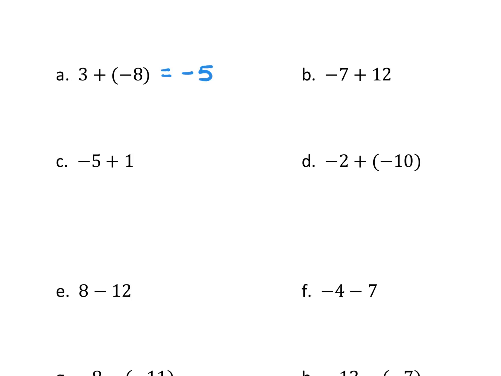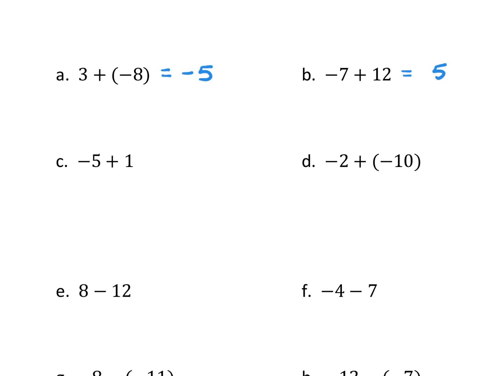If we come over to example B, we have negative 7 plus 12. Here we are adding signed numbers. And so the same rule applies. We have different signs. We want to subtract. 12 minus 7 is 5. And then because our larger number is positive, our answer is positive.